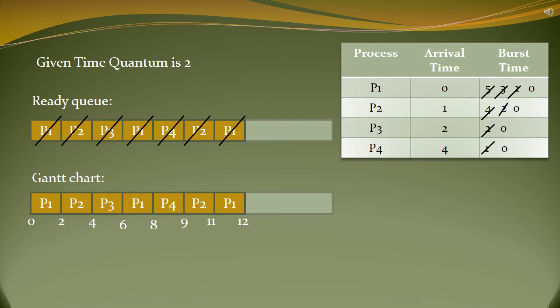And now the last remaining process P1 from the ready queue is transferred to the running queue and will execute for its remaining time 1, which is less than the time quantum 2. After execution, no time is remaining for the process because 1 minus 1 equal to 0. So the process P1 is also terminated here.